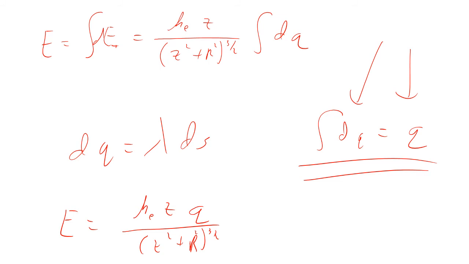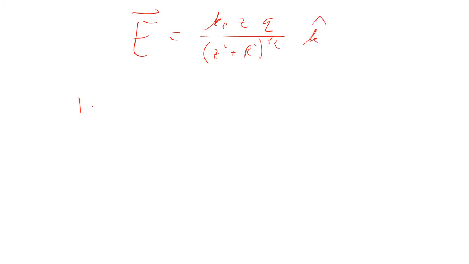And we know the electric field is only in the z direction, because all the x and y components cancel, so this is k sub b z q divided by z squared plus r squared to the 3/2, only in the z direction.